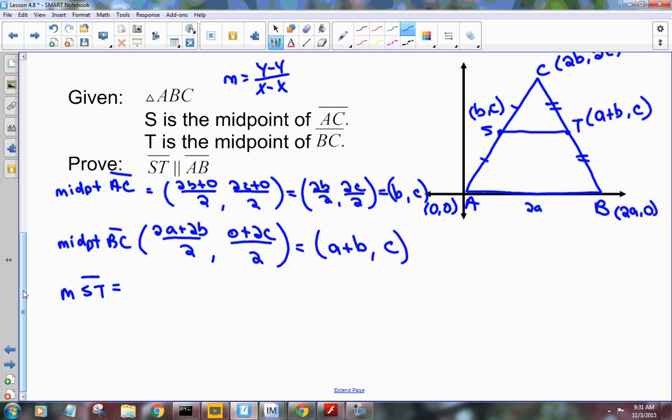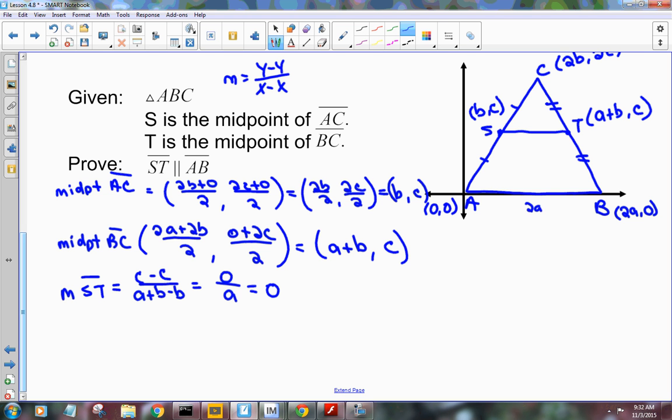So I'm going to do c minus c over a plus b minus b. Everybody see how I did that? So if I simplify that, I get 0 over a, which is 0.